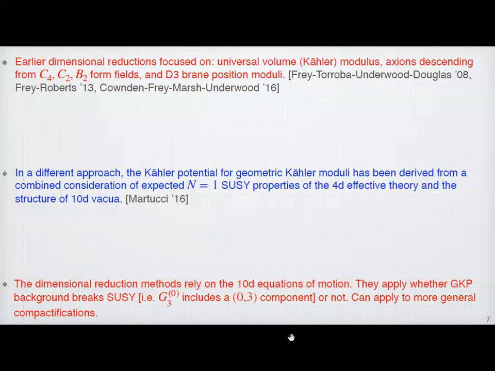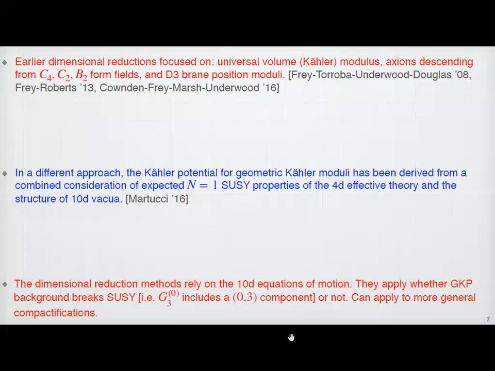However, this requires supersymmetry properties. So some sort of supersymmetry should be there after compactification, and this also uses SCFT actually. But our method only relies on the 10D equations of motion and can be applied whether the background breaks supersymmetry or not.